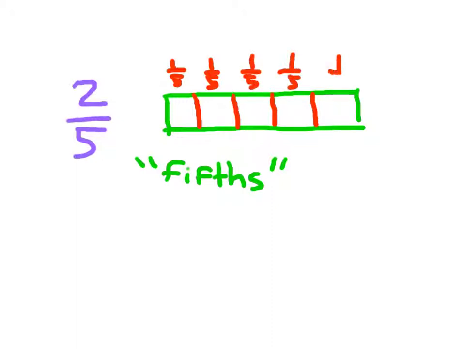If I count them up, I have 1/5, 2/5, 3/5, 4/5, and 5/5, which does equal that 1 whole. Now the numerator tells us how many of those fifths I'm going to shade in. In this case, it says to shade in 2 of them. If I just shaded in 1, that would represent 1/5. But if I do 1 more, then 2 out of those 5 are shaded.